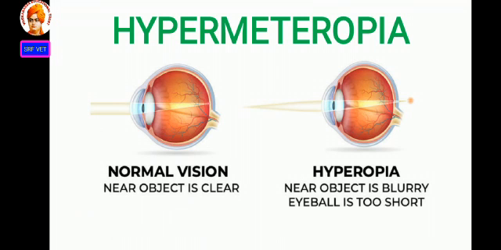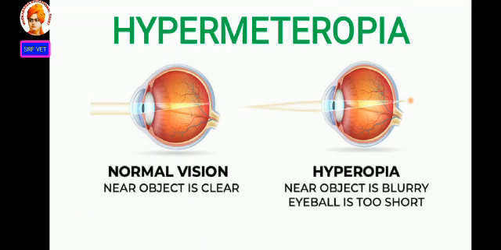With this defect, distant objects can be seen clearly, but nearby objects cannot. This may happen because the focal length of the eye lens increases, or the distance between the eye lens and the retina decreases. Due to this, the image of nearby objects is formed behind the retina.